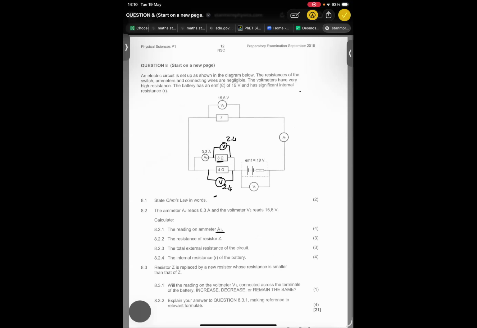So it means that we can calculate the current that passes through the 4 ohm, right? So please get the current that passes through the 4 ohm resistor.